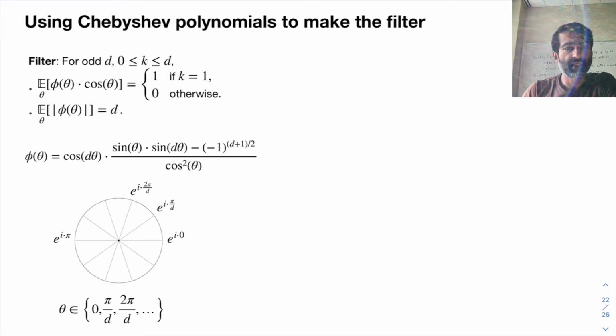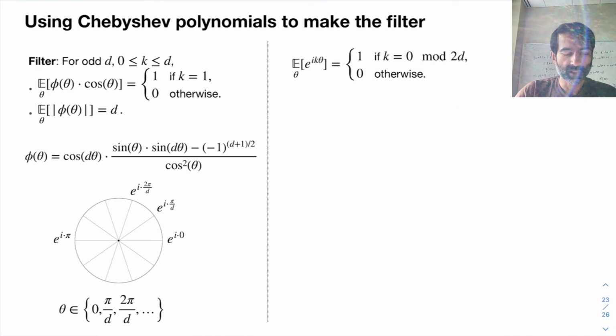Our distribution on theta is going to be a uniformly random angle among the 2d equally spaced angles. So let theta be either 0 or pi over d or 2 pi over d and so on. There are 2d options for theta.